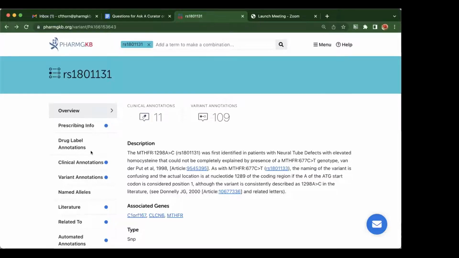So phenoconversion is when you've got a drug-drug interaction that mimics the poor metabolizer phenotype of, like, CYP2D6.